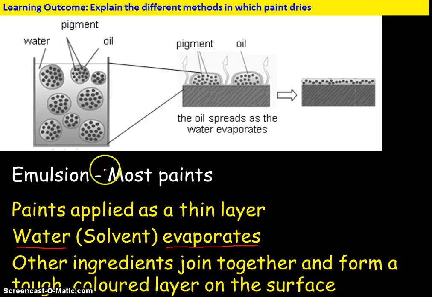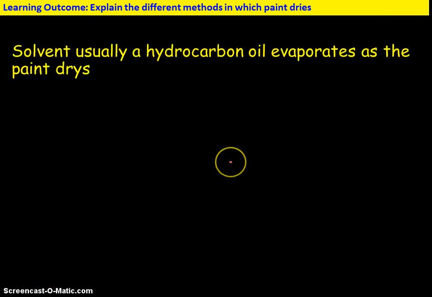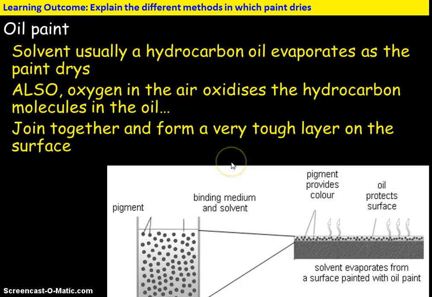If you're explaining how an emulsion paint dries, the water evaporates, and then the leftover pigments and oil that acts as the binding medium join together, and they form a tough layer on the surface that is the dried paint. The other type, the second mark, is about oil-based paints. They're slightly different because the oil now constitutes both the binding medium and the solvent in the paint.